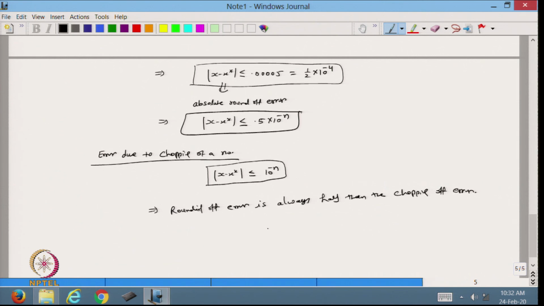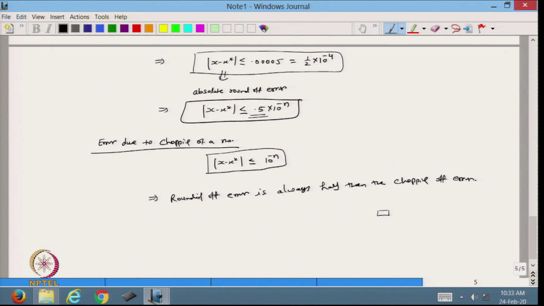That is why we always prefer to calculate the rounding error, because the rounding error is half of the chopping error. So, it is always useful to go for the rounding error.